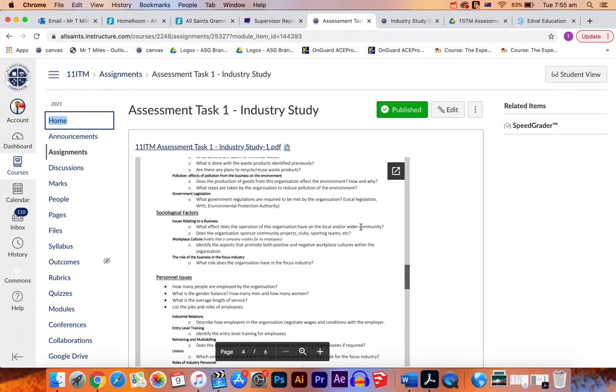You're just going to have to look at the services that are provided and make an assumption based on what's available there. So workplace culture, this one I'm happy for you to answer with something like there was no information available, because this assignment is usually based on a visit to the organization.